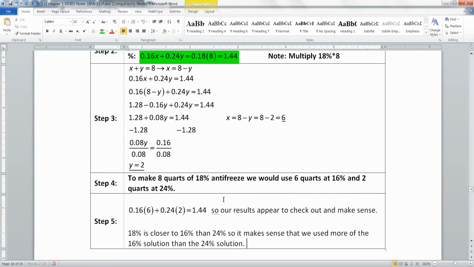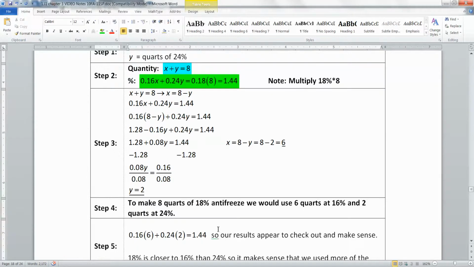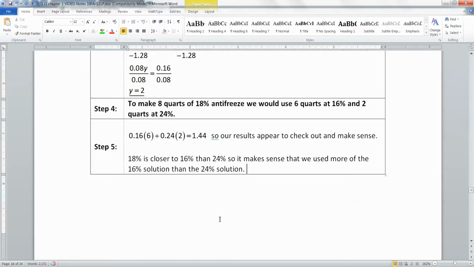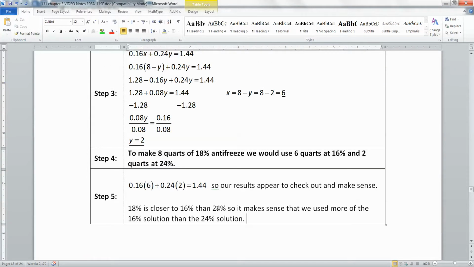If I wanted 20% solution, you'd be like, oh, 4 and 4, done, right? Because then it's perfectly even. You had 16 as your low, 24 as your high, so 20 is exactly in between. You wouldn't even have to do all this work. By doing 18%, I made it a little bit trickier. It's closer to the 16%, so you'd expect to use more of that 16% than you would of the 24%. That's kind of how you double check that it makes logical sense.